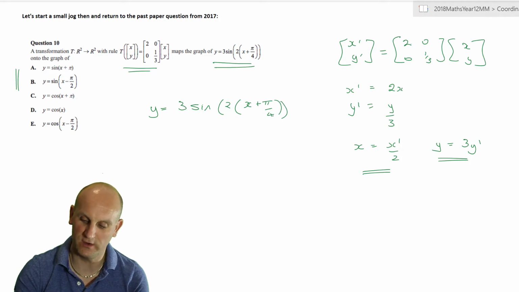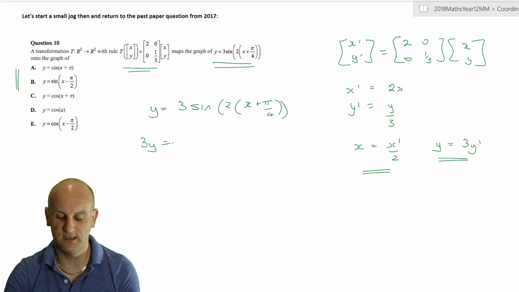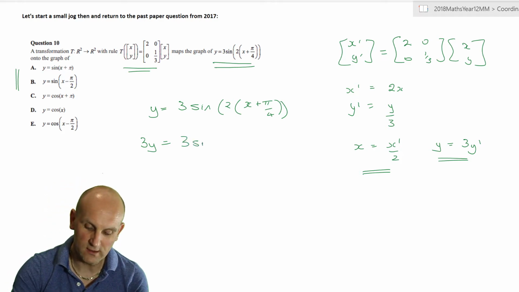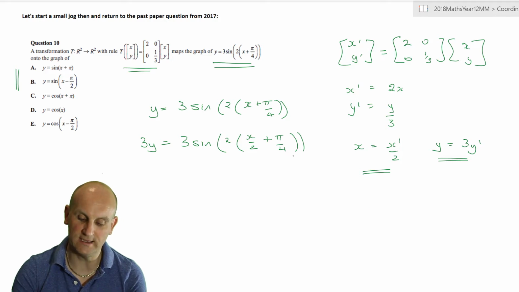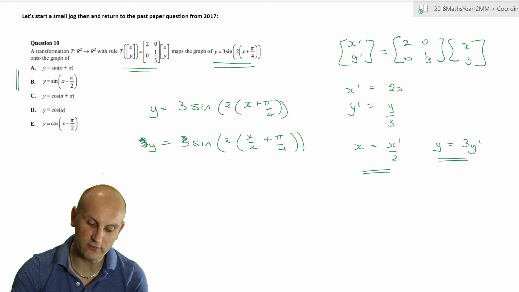Let's do some substitution. Where I see a y, I'm going to do 3y. I don't need the dashed because this is going to be the equation of my image, equals 3 sine of 2 times (x on 2 plus pi on 4). Well, good news there, that 3 and that 3 cancel.